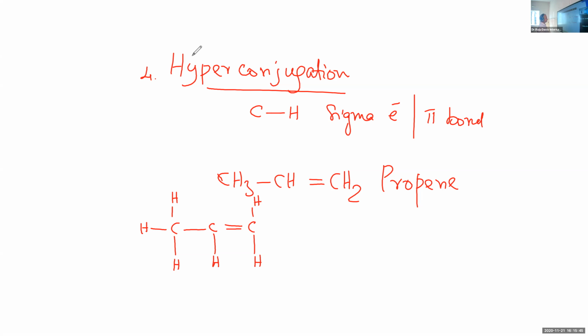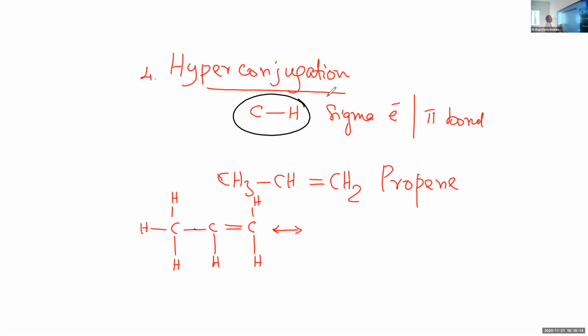Now, you can see that there is a delocalization of the carbon-hydrogen sigma electrons with a conjugated pi bond. Conjugated means alternate: the next one, sigma bond, then pi bond. This is sigma bond only, it's a pi bond.